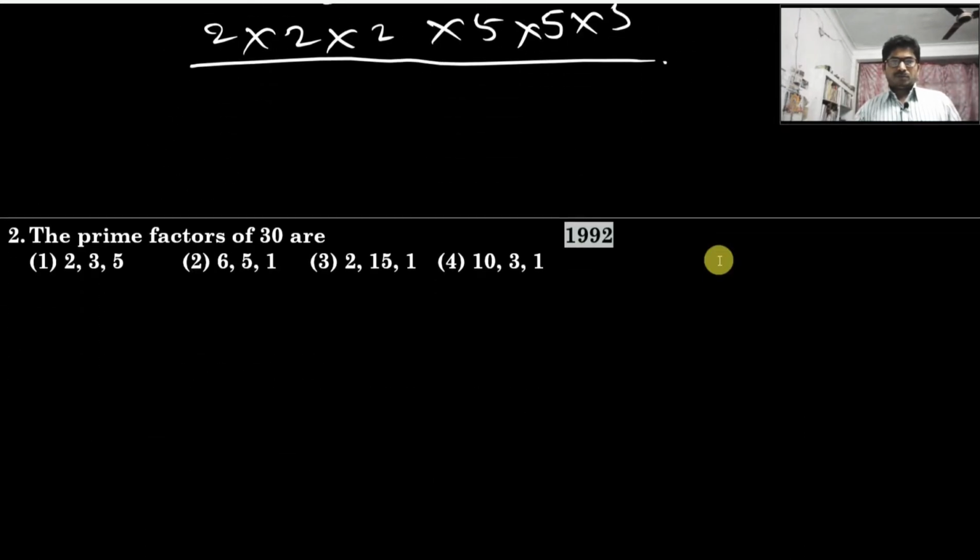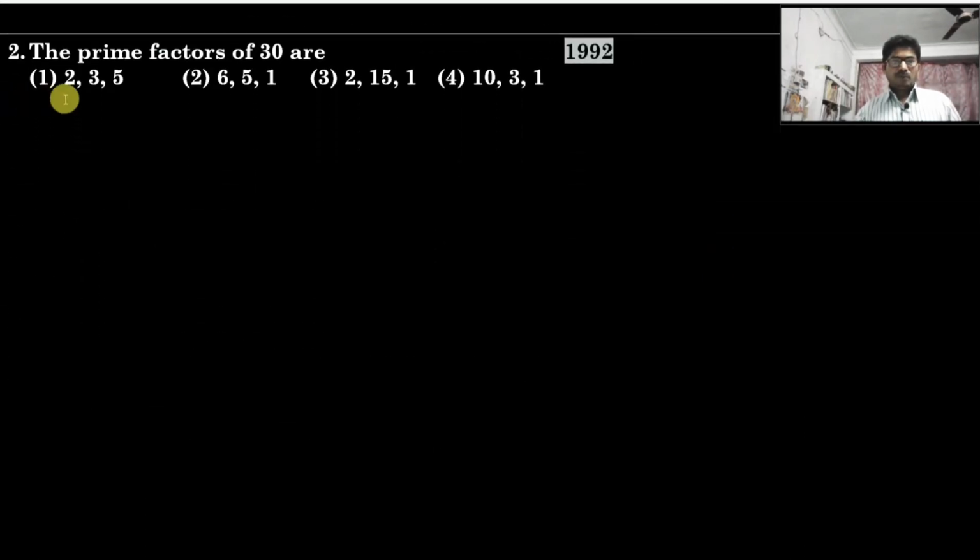Next, second question. The prime factors of 30 are? We know finding factors, but in this, what are prime factors? We have to take prime factors of 30.